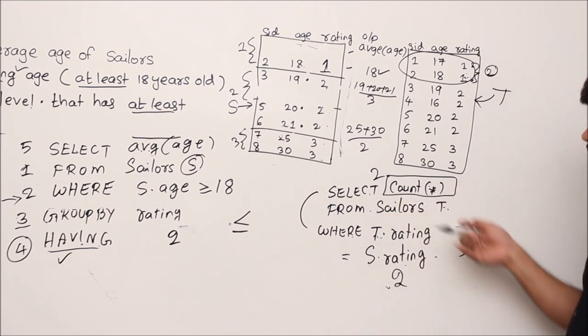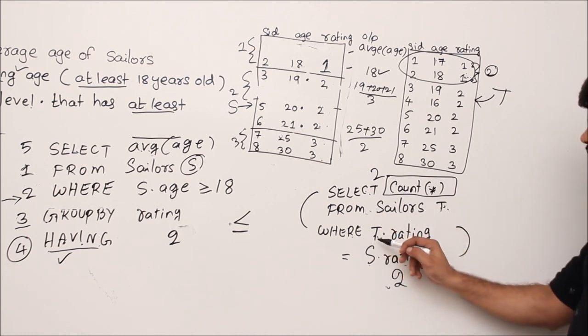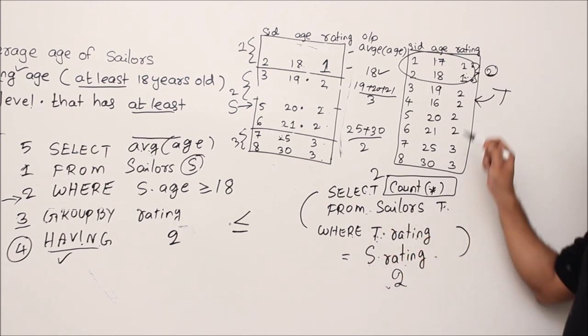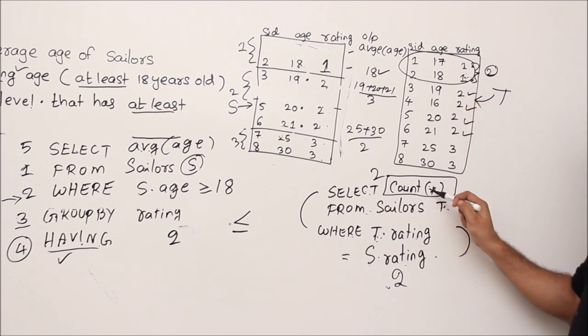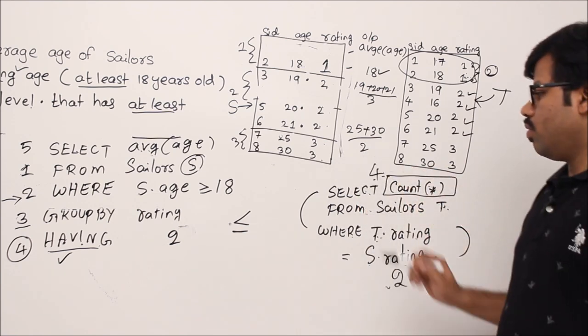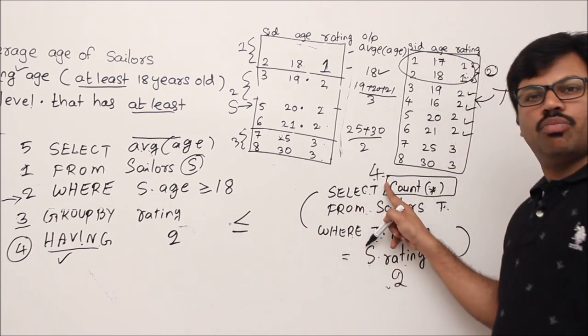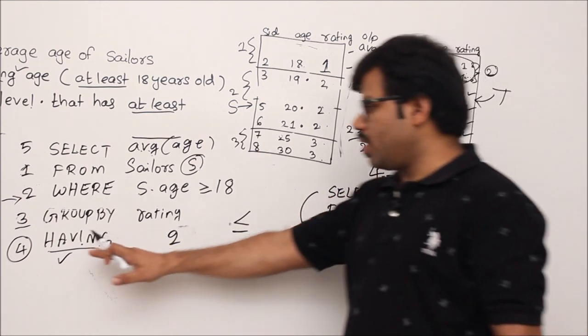Then this query again will be recomputed. Select count star from sailors T where T dot rating equal to 2. How many people are having T dot rating 2? 4 people. Then count star will give what? 4. So now 2 less than or equal to 4. Perfectly right. Correct. So again for this group the condition will become true.